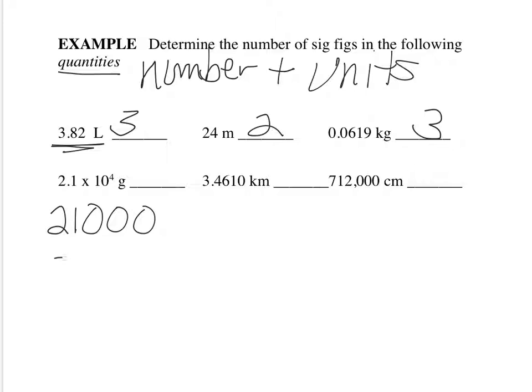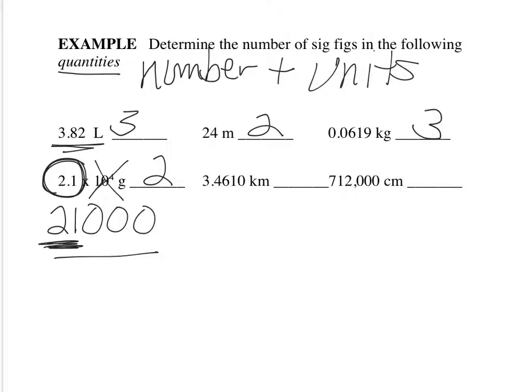So if we look at it here, you can see there are 2 significant figures. But guess what? It's really even easier to look at it from scientific notation, because this right here, known as the coefficient in front of that times 10 to the 4th, which we don't really care about for sig fig calculations, that 2.1, that coefficient tells us that there are 2 significant figures. So it's really easy to look at that and see.